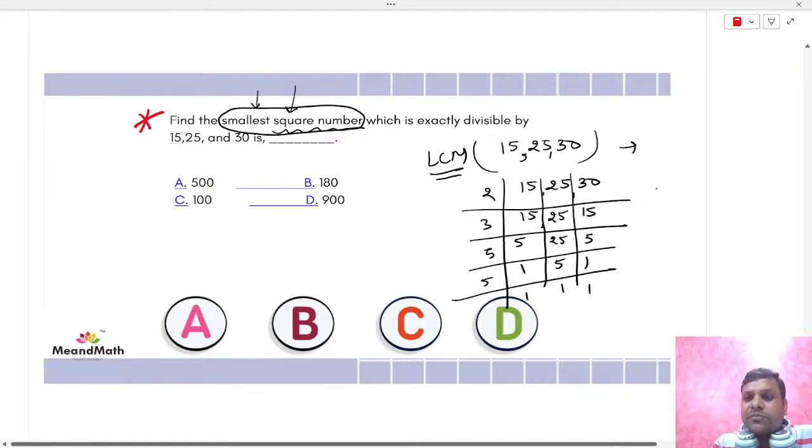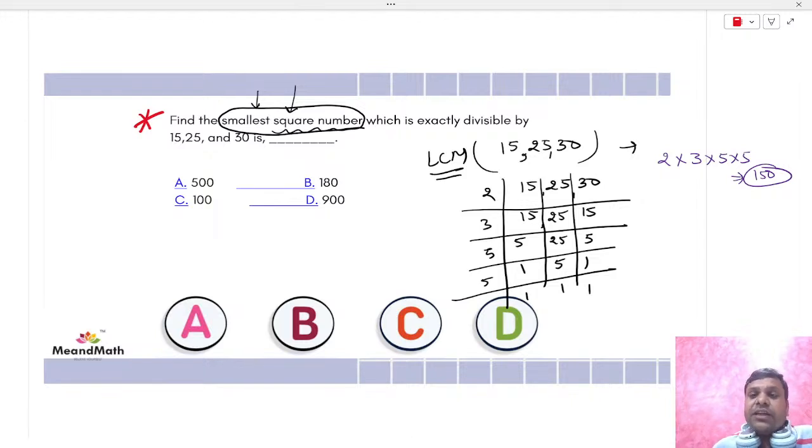It's completely divisible. So LCM is 2 into 3 into 5 into 5, so LCM is 150. So 150 is the smallest number which is exactly divisible by 15, 25, 30, all three numbers.